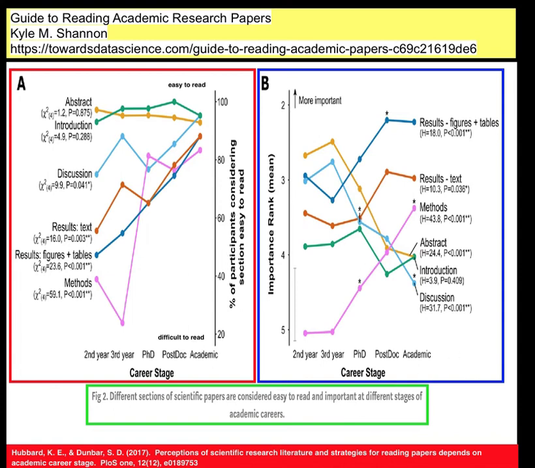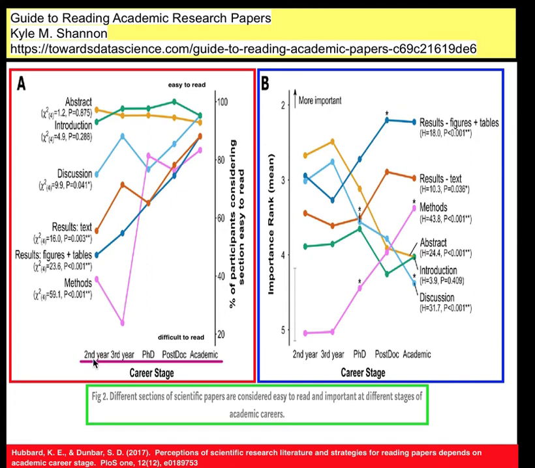Now, let's focus on the left side of the figure, part A, inside the red box. So we're going to focus on this side. We have a graph, and the horizontal axis right here, the x-axis, represents doctoral candidates' career stages, or how far along they are in their doctoral program.